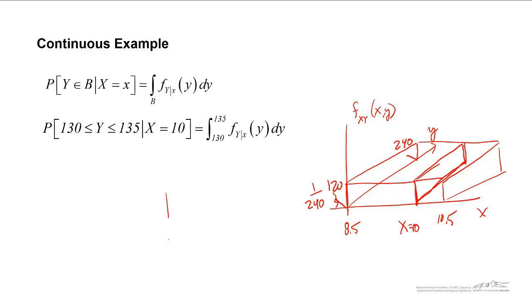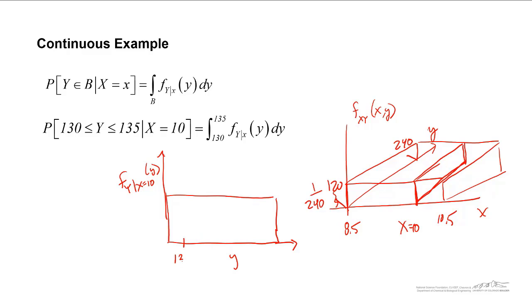If I bring this slice outside, this is our f y given x equals 10 as a function of y, and this is the y-axis. Now we're asking what's the probability that y is between 130 and 135. So we're essentially taking that little slice and dividing by the entire slice when x equals 10.